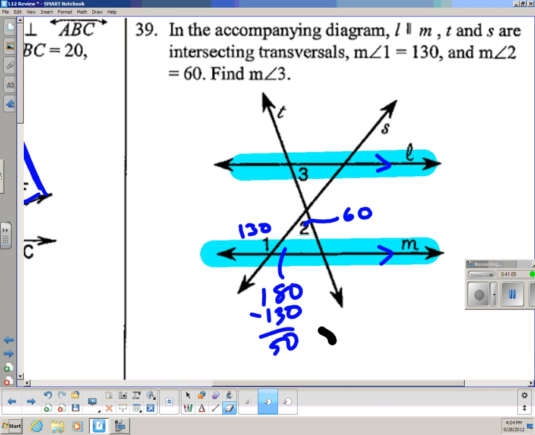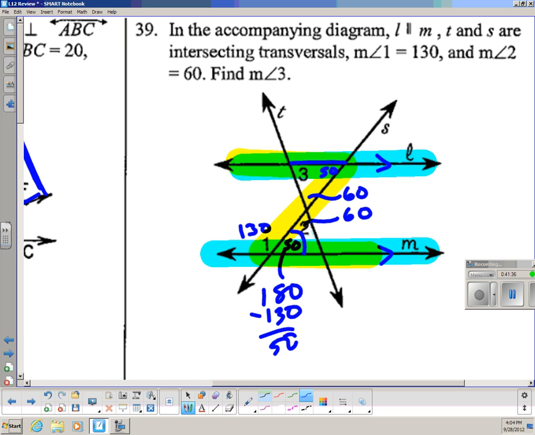So this angle here is 50. And again, I can form my Z for the parallel lines. Here's my Z, and I have an elbow of 50, which makes this elbow 50 up here. Angle 2 is 60, which makes the vertical angle that I just marked off 60.